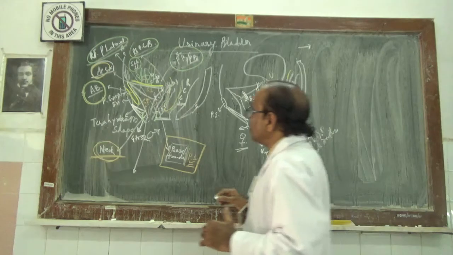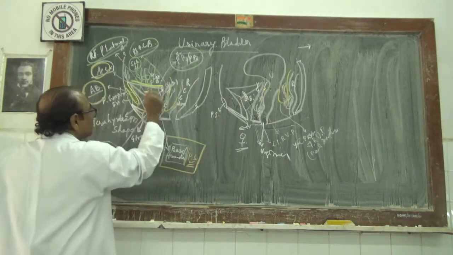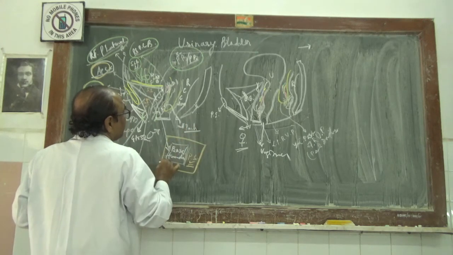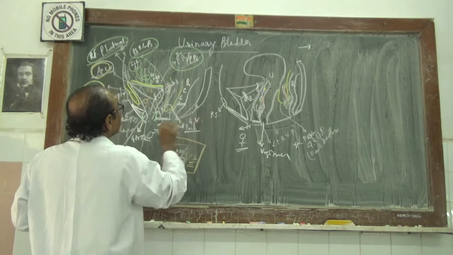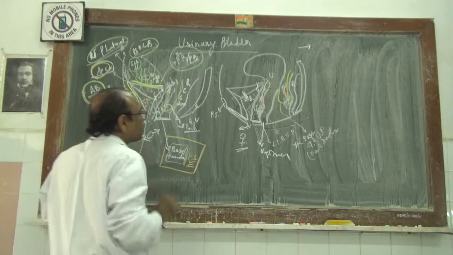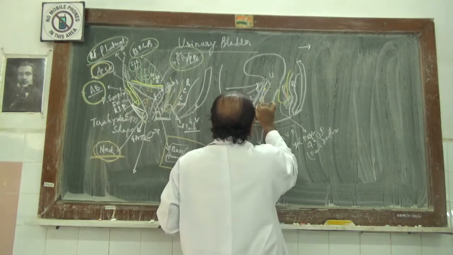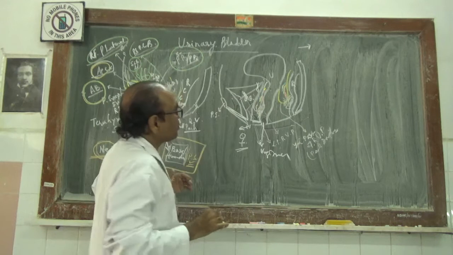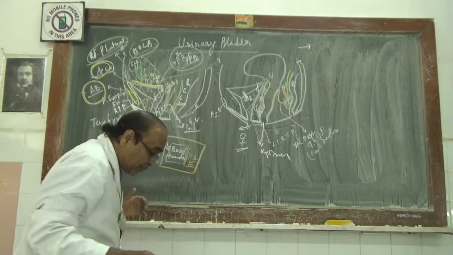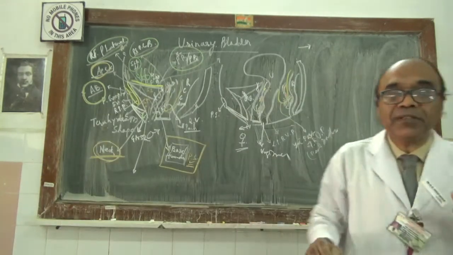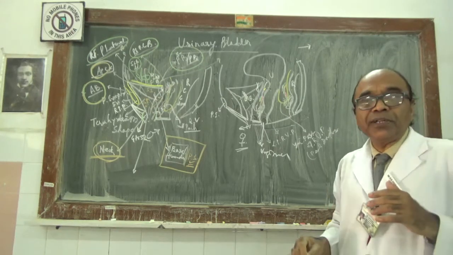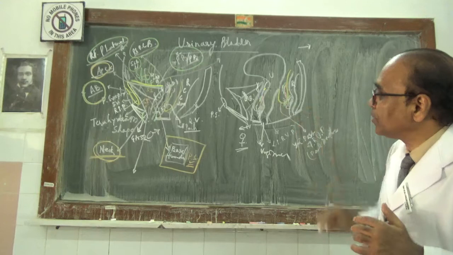Now these false ligaments of the urinary bladder are the retrovesical pouch and the retropubic pouch. Then the superior surface of the urinary bladder is completely related to the visceral part of the peritoneum, after being formed by the retrovesical pouch.